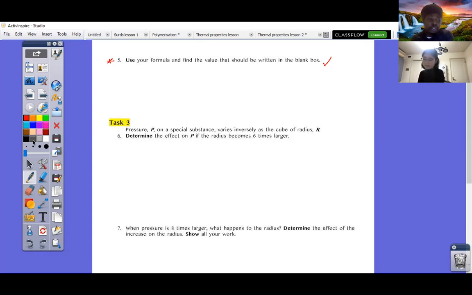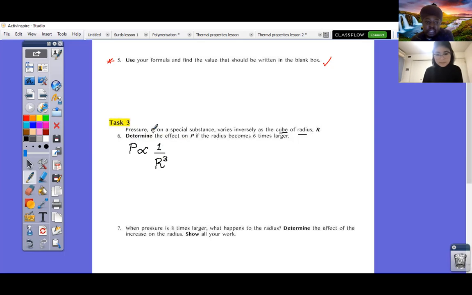So you have written, let's see what you've got. You have said firstly, P varies inversely with the cube of the radius. What does cube mean? That is 3. It's been raised to the power of 3.